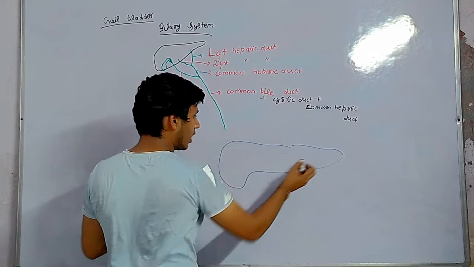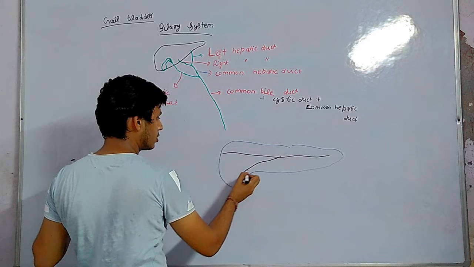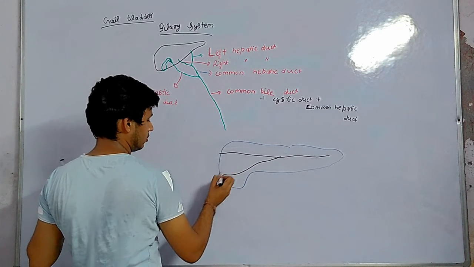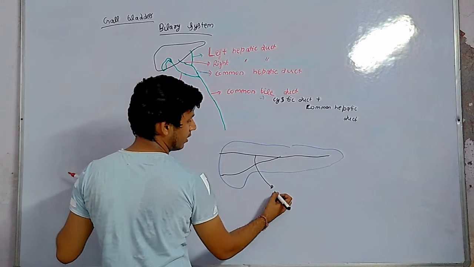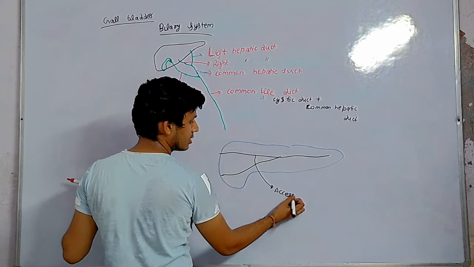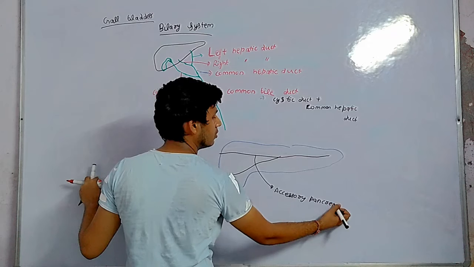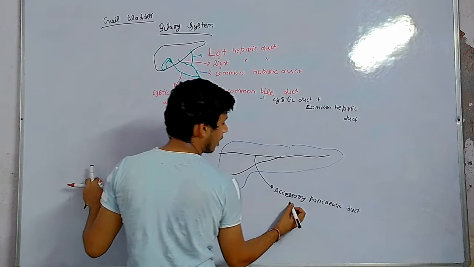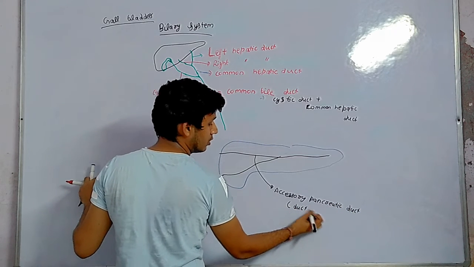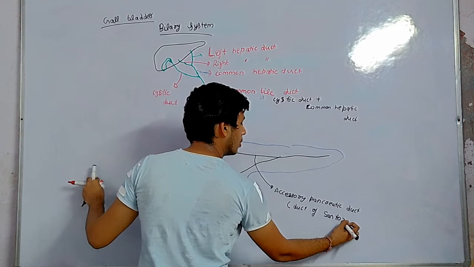It has two ducts. This is the accessory pancreatic duct, called the duct of Santorini.